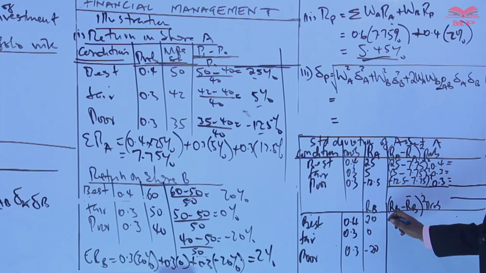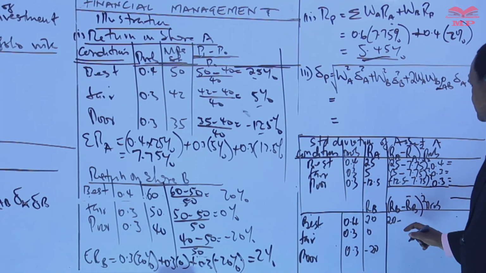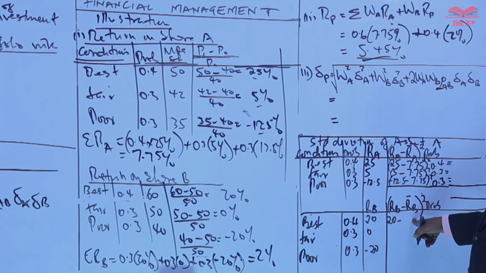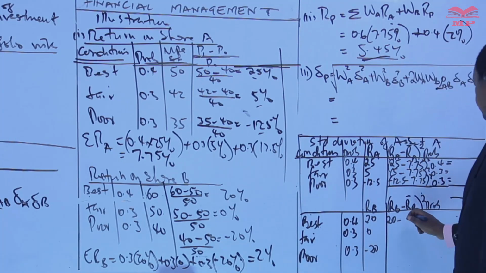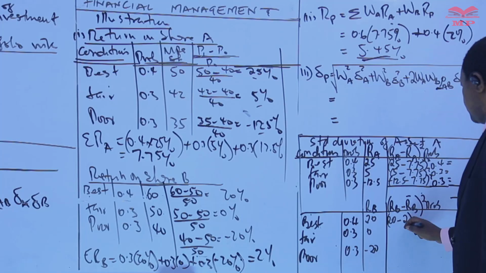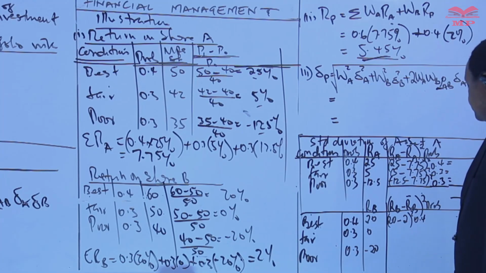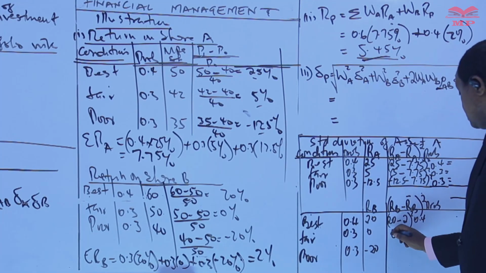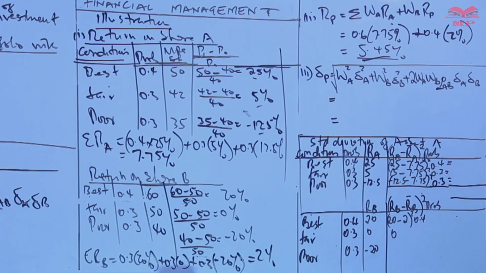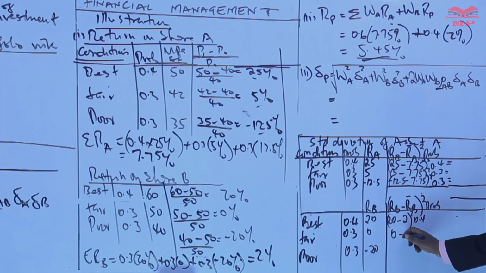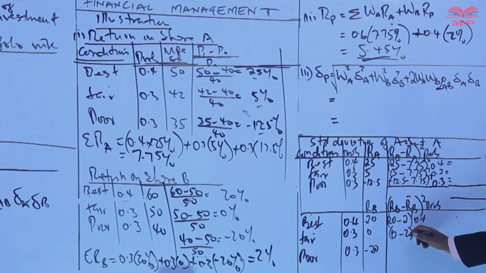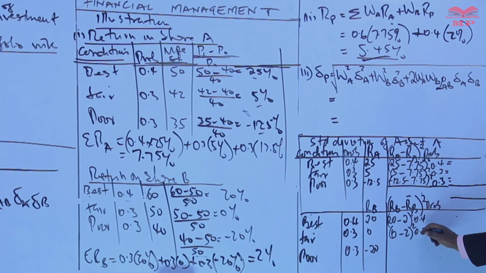So here you have 20 minus the expected return, 2%, square it, 0.4. 0 minus 2, square it times 0.3.